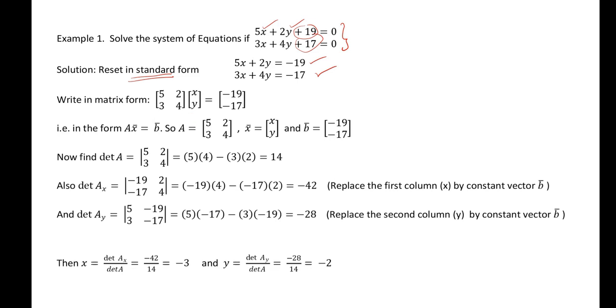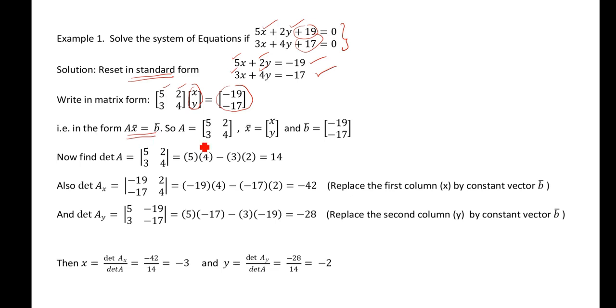Now we know how to do that. So writing that in matrix form: 5, 3, 2, 4, the unknown vector x, y, and the constant vector, minus 19, minus 17. So that is the form Ax equals b.